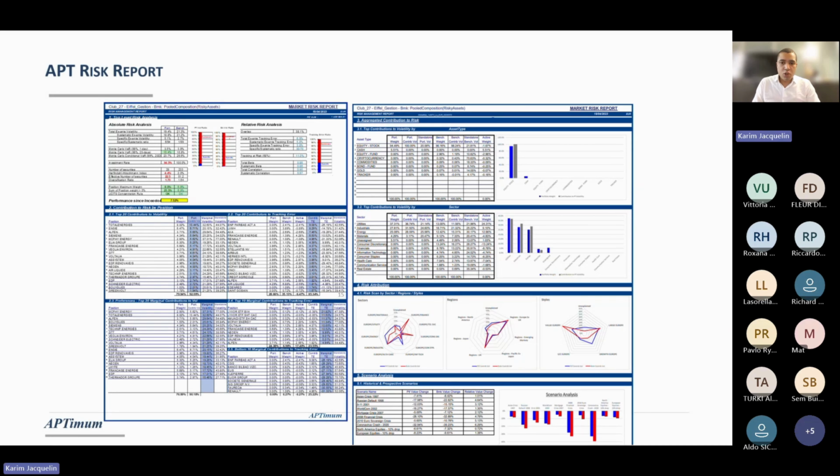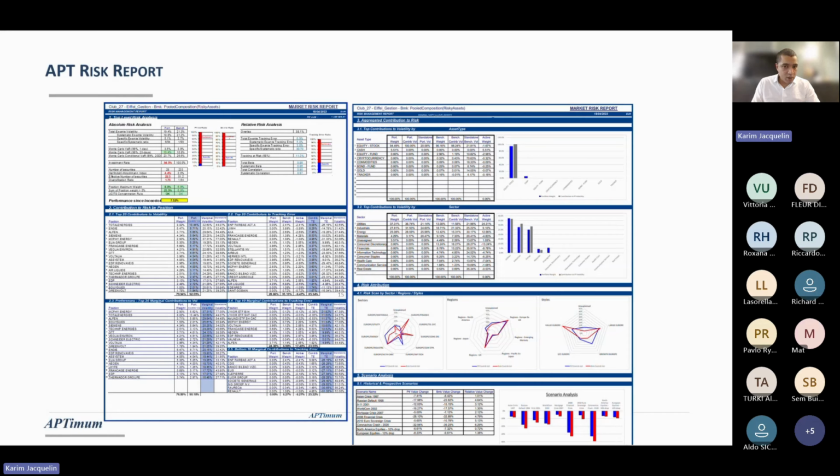So this is the report you should receive if you are a club on a daily basis. So it's a two-pager with a detailed risk analysis of your portfolio in absolute, but also in relative against a benchmark. The benchmark that we selected for all clubs is the risky portfolio, so the aggregated portfolio of all clubs.